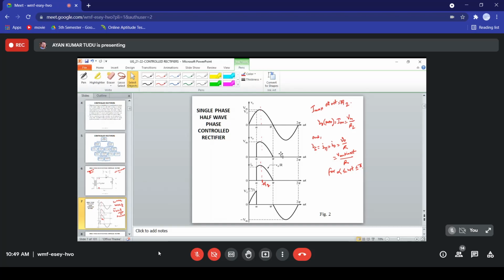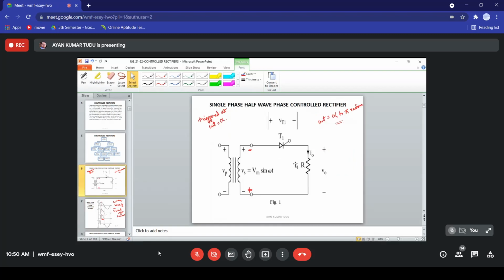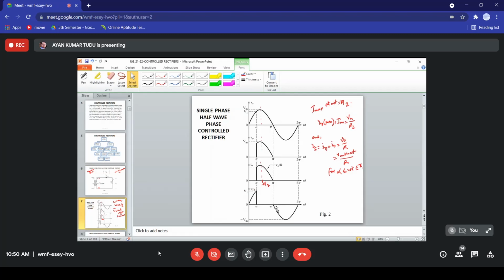The peak reverse voltage that appears across the thyristor would be equal to minus Vm, as you can see from here.